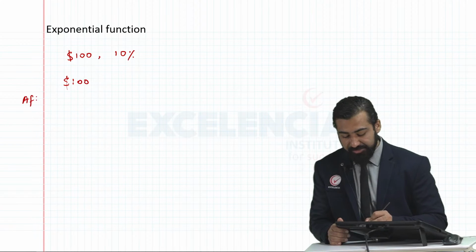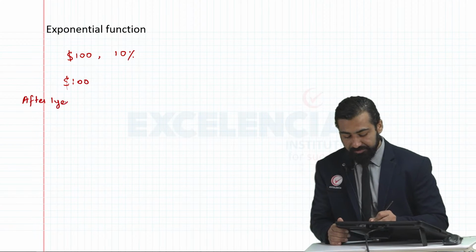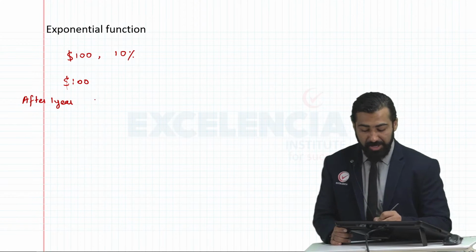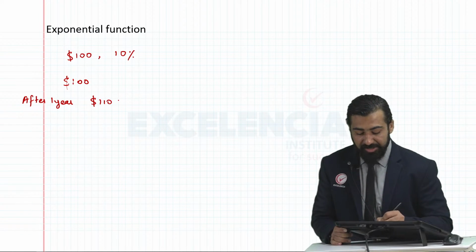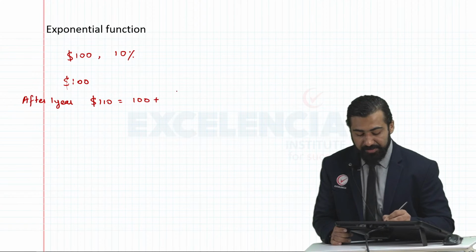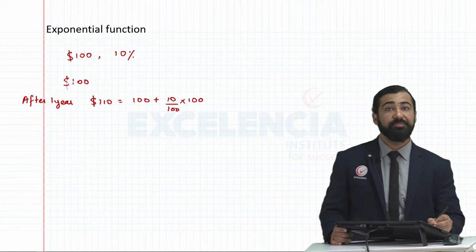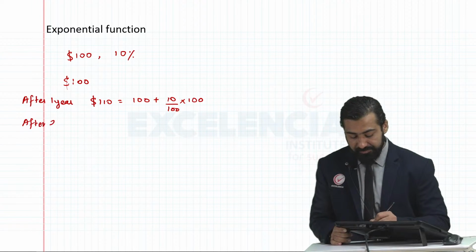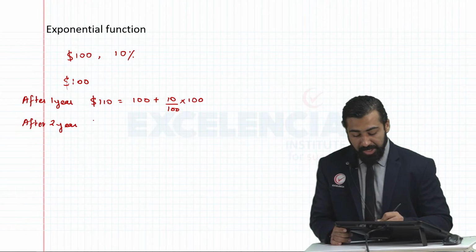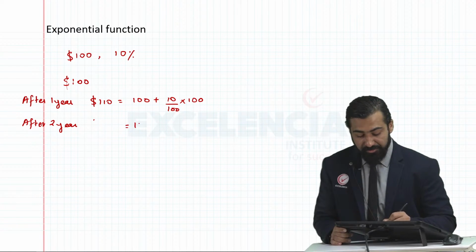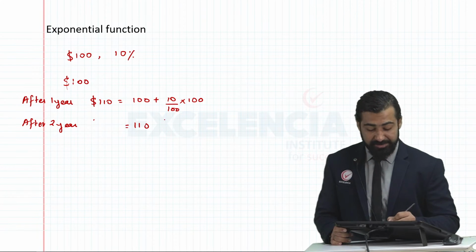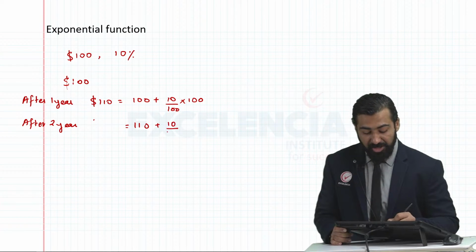After 1 year, my amount with the bank will become $110, because $100 plus 10% interest on $100. After 2 years, my amount with the bank will be $110 plus 10% of 110.